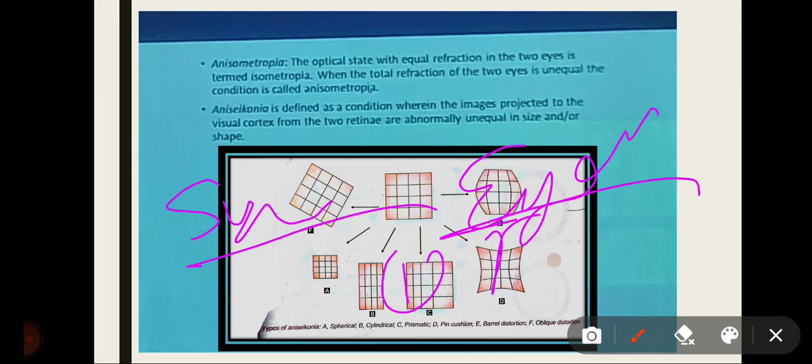There will also be diplopia due to difficulty of binocular vision when the difference in the image of the two eyes is greater than 5%. And third is difficulty in depth perception, often noticed.